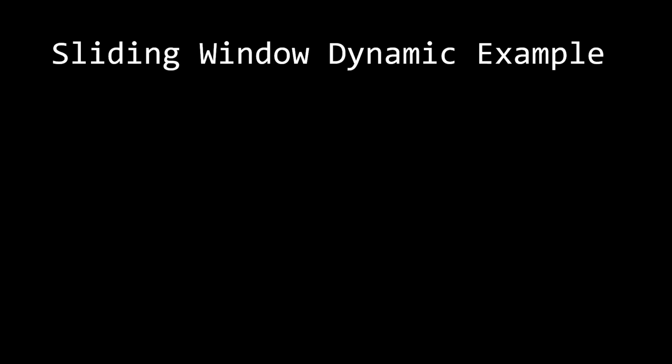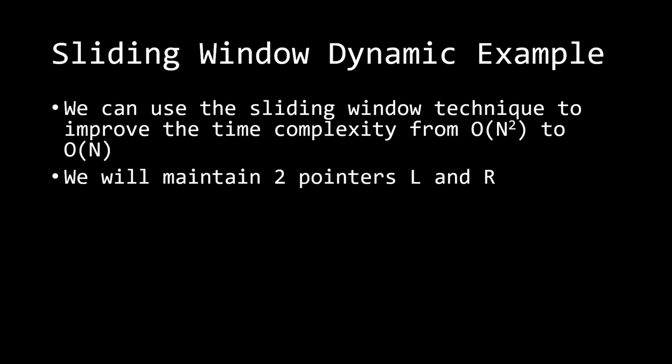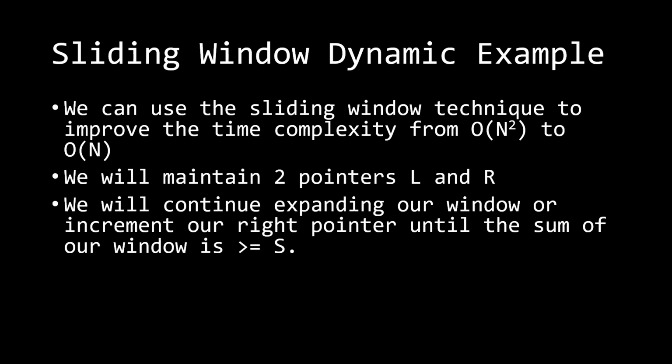So now that we know it's O of n squared, we can use the sliding window technique to improve the time complexity from O of n squared to O of n. So how are we going to do this? Well, we're going to maintain 2 pointers, L and R. We're going to continue expanding our window between L and R by incrementing our right pointer, that variable R, until the sum is greater than or equal to s.